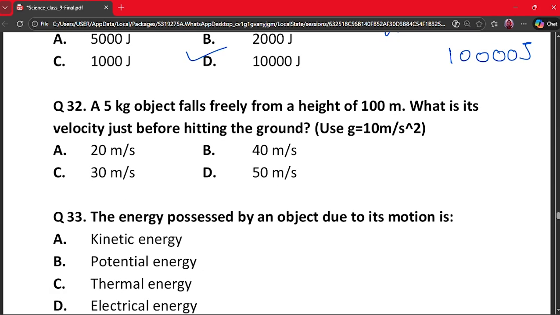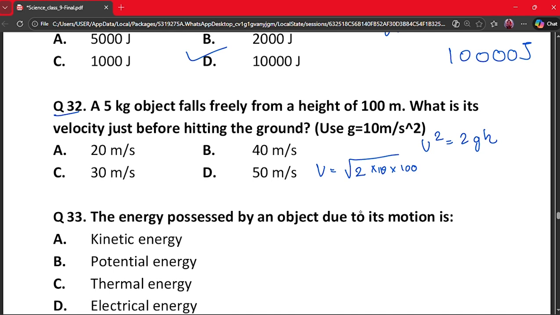The next question is question number 32. A 5 kg object falls freely from a height of 100 meter. What is its velocity just before hitting the ground? A. 20 meter per second, B. 40 meter per second, C. 30 meter per second, and D. 50 meter per second. So here v squared is equal to 2gh, and v will be equal to under root 2 into 10 into 100.